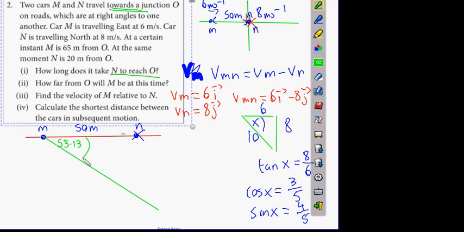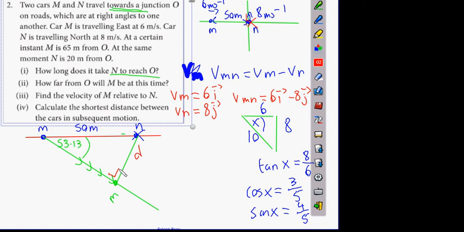So this is the subsequent motion of M relative to N. It's coming, and then eventually M is located here relative to N, and then we draw up our perpendicular line, like so. Now, how do I find d, lads? Anybody tell me how to find d? That's the 90-degree angle there, by the way.